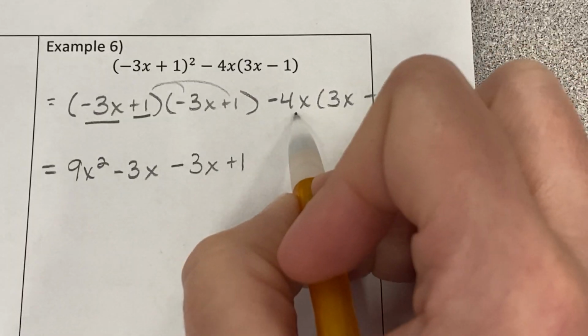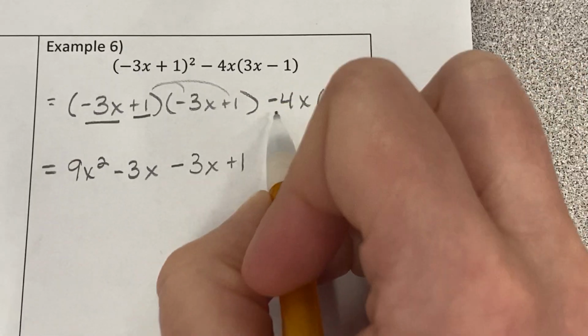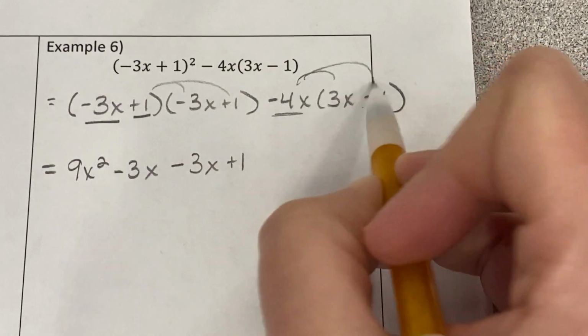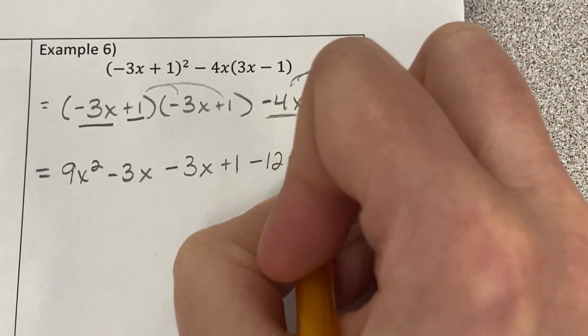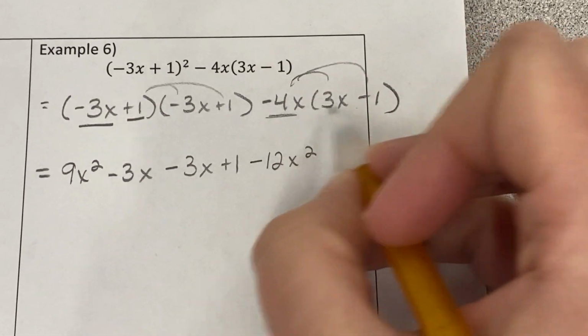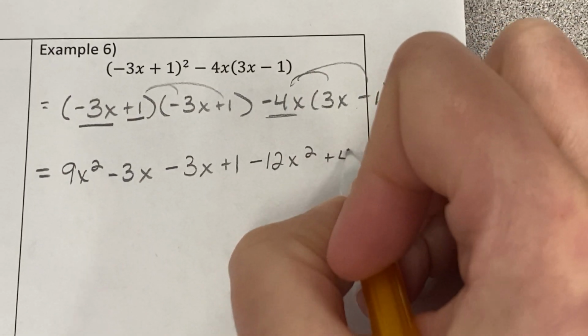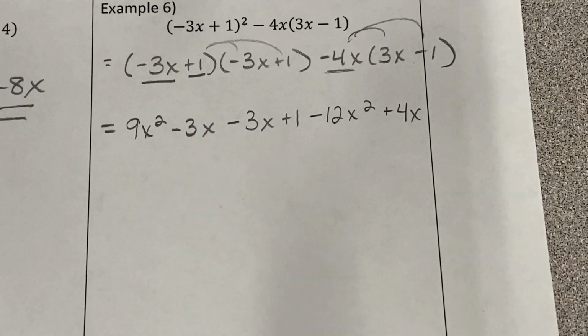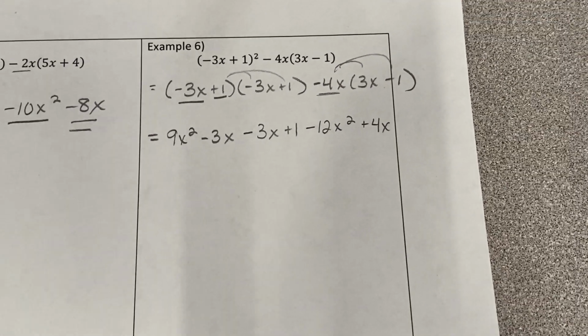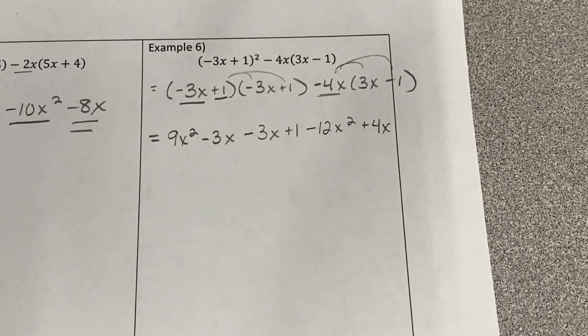All right, over here, I'm going to multiply these together. So I'm going to distribute this negative 4x to both of those. So that's minus 12x squared, and then negative 4x times negative 1 is positive 4x. Okay. And now again, oops, sorry, I didn't mean to make it shake that much.